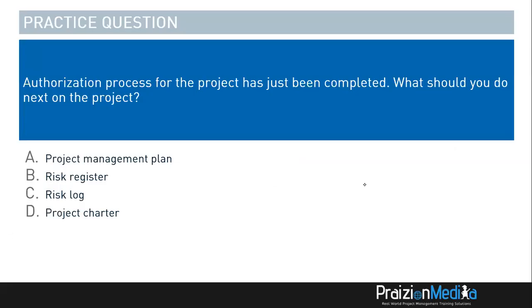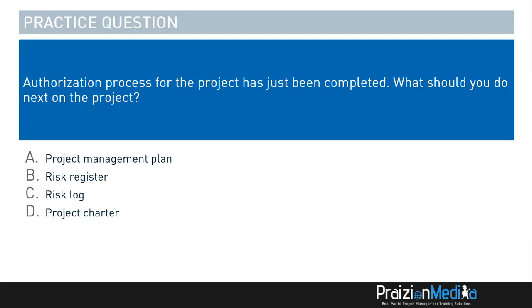Authorization process for the project has just been completed. What should you do next on the project? Project management plan, risk register, risk log, or project charter? 10 seconds left. 3, 2, 1.